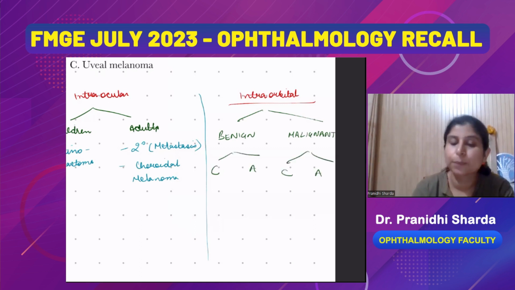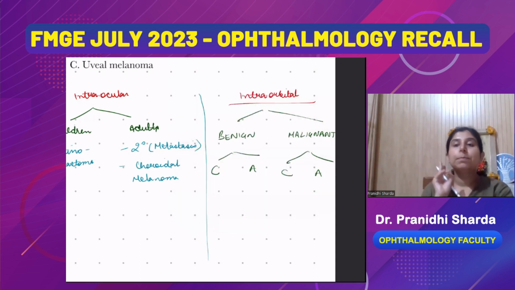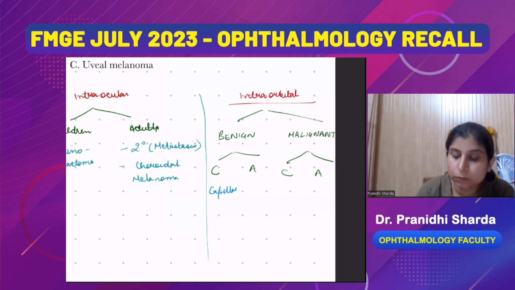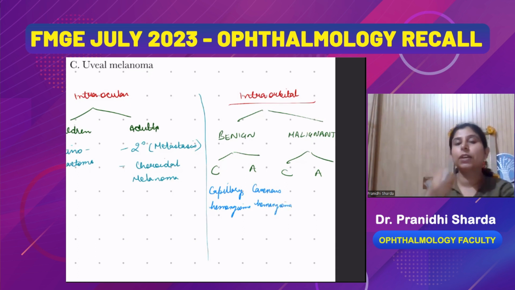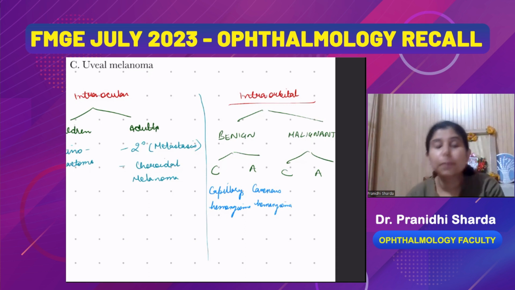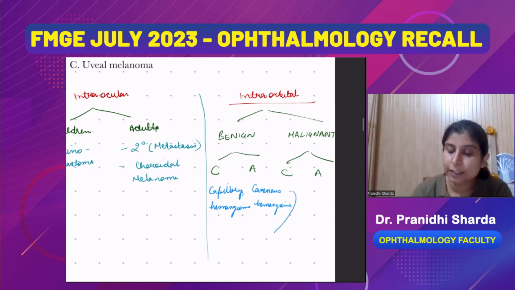So, most common intraorbital benign tumor in children is capillary hemangioma. This is just a division, and in adults it is cavernous hemangioma. I just hope all of you know this. I'm giving a quick revision. And in malignant, intraorbital in children becomes the rhabdomyosarcoma.